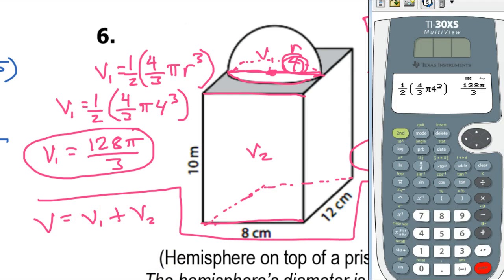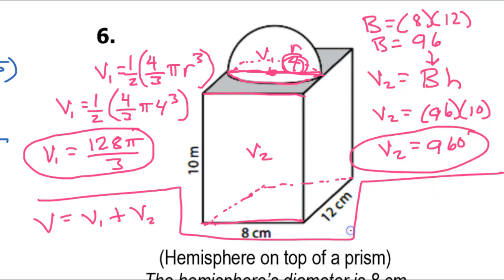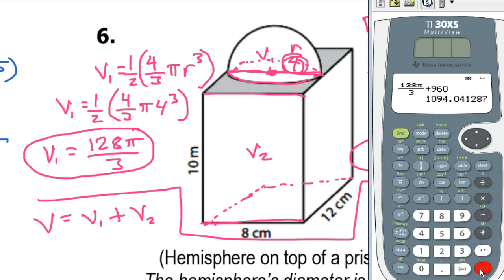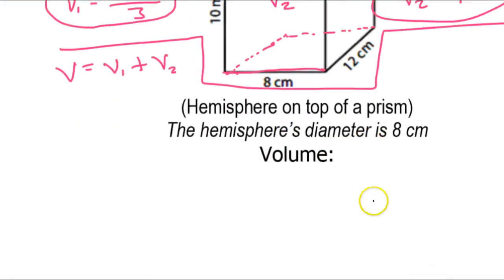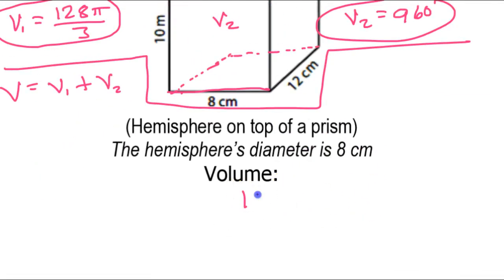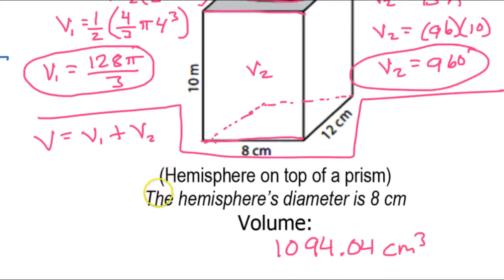I'm going to take 128 pi over 3 and add 960 to it. Volume 1 plus volume 2. So that is 1094.04 cubic centimeters. So that is the answer for number 6.